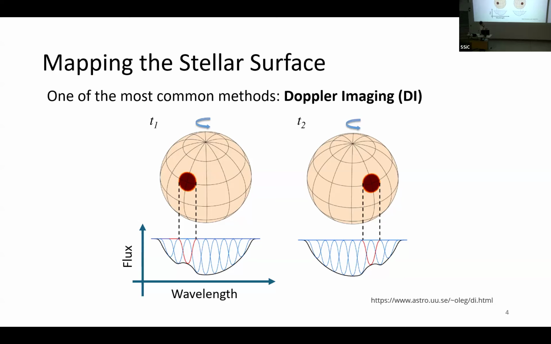If the spot is coming towards us, you will have less blue-shifted flux here. Then, moving across the surface, the skewed feature will also propagate to the red-shifted side because it's moving away from us. So using the location of these asymmetry features, we can track the longitudinal locations, right? And the depth of this asymmetry will give you the latitudinal information. This is how Doppler imaging works.